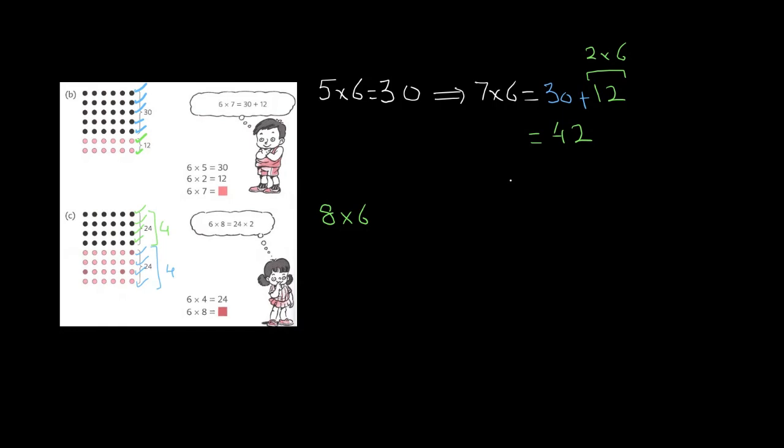If the first 4 sixes give me 24, then the second 4 sixes will also give me 24, and 8 sixes must be equal to 24 plus 24, which is 48. In other words, this is equal to 2 24s, which is equal to 48.